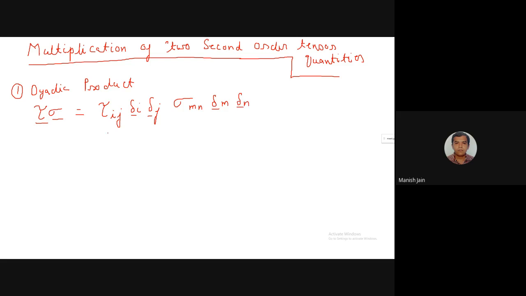So when you take the dyadic product, this will become tau ij sigma mn del i del j del m del n. So this is a fourth order tensor quantity.